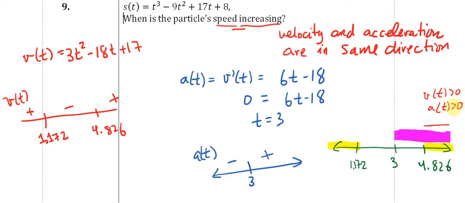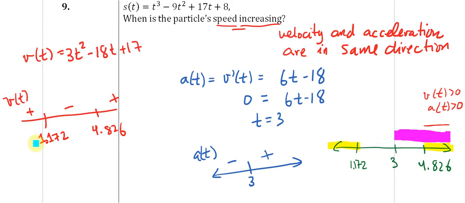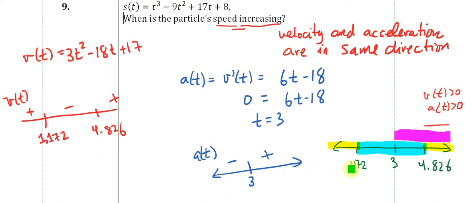Now let's consider where the velocity and the acceleration are both negative. The velocity is going to be negative between 1.172 and 4.826, and the acceleration is going to be negative anything to the left of 3.